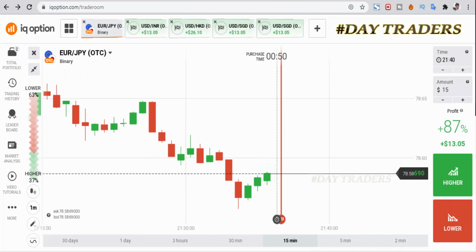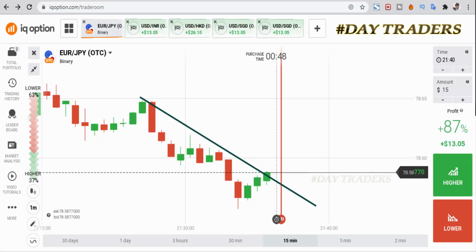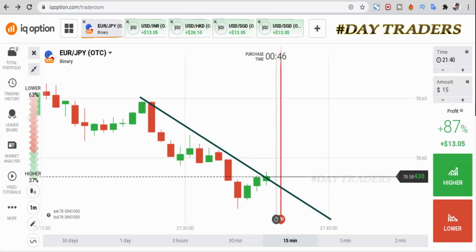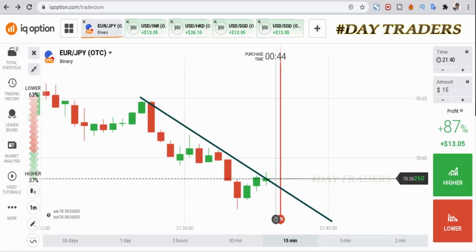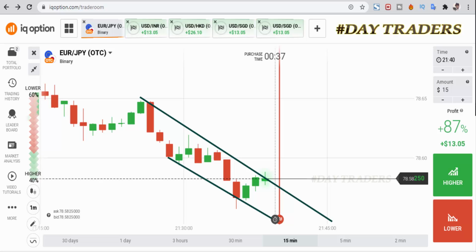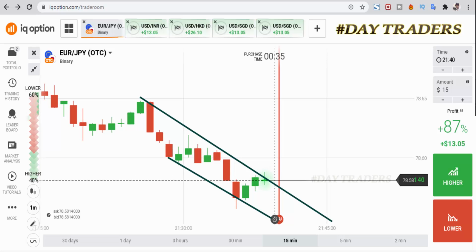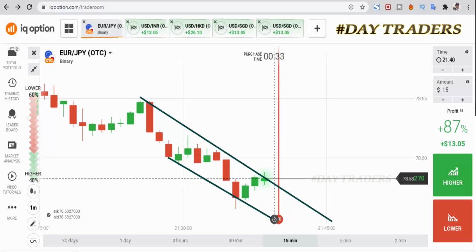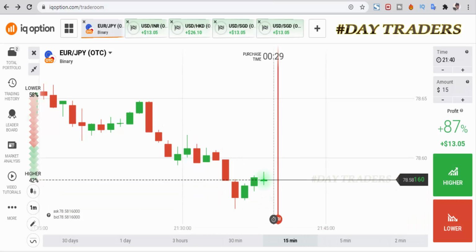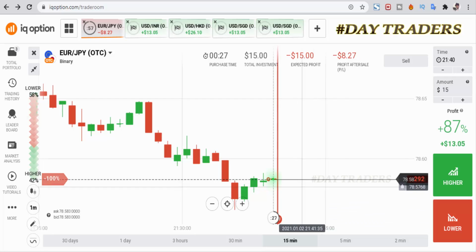Let's see. And this is a sellers area, this is a buyers area. Okay, at the sellers area it makes a weak candle, but I don't know.